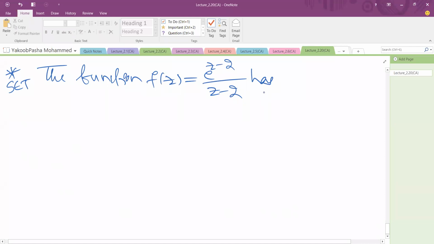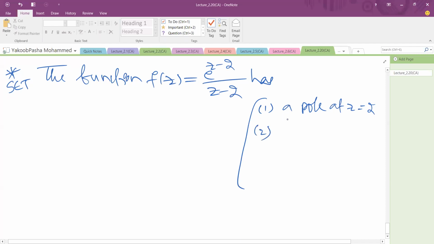As we have options here. Of course, it is an OU PhD entrance question, but it is a state SET question of another state, Maharashtra. First option: a pole at z is equal to 2.